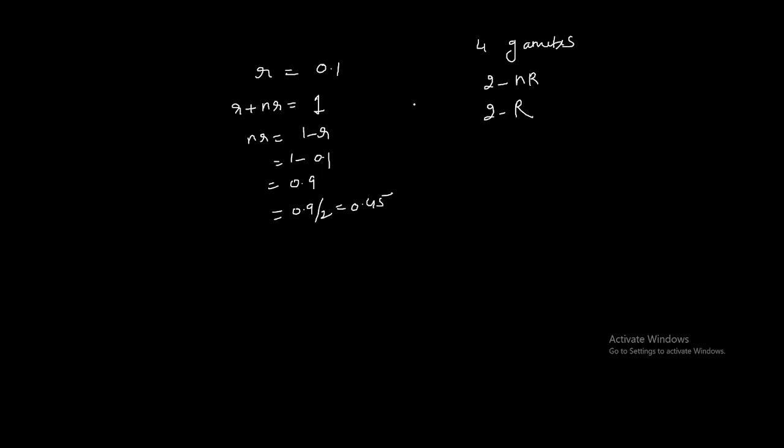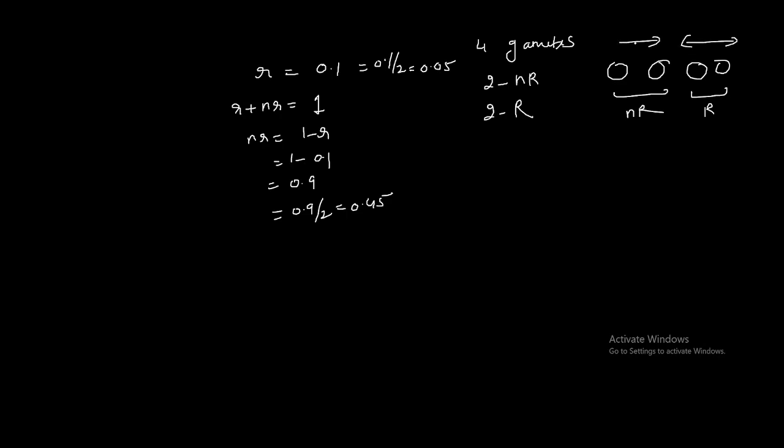And the frequency of recombinants is 0.1. Then you can also say it is going to be 0.1 by 2, which is equal to 0.05. So these are the things you need to understand, because in meiosis you are going to get 4 gametes. 2 are the non-recombinants, 2 are the recombinants. Whenever they are saying the frequency of recombinants, they are talking about 2 gametes, not just 1.